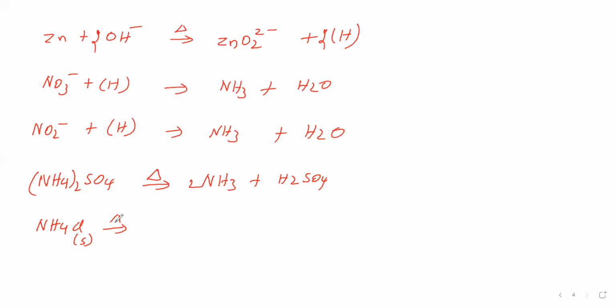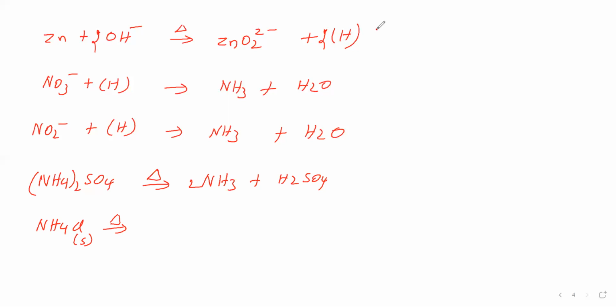Ammonium chloride solid on heating undergoes sublimation. So ammonium sulfate on heating gives ammonia vapors, but ammonium chloride on heating undergoes sublimation.